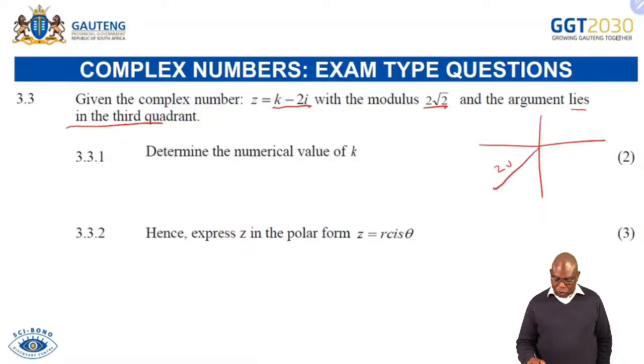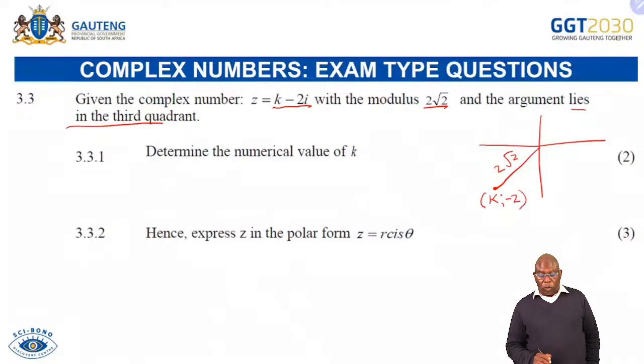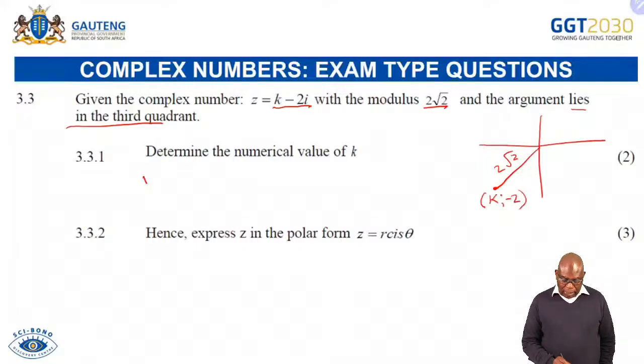I know that this is 2 root 2, and this point here, it's going to be k and minus 2. See? So it means that in this, I need the value of k. So I need to use that formula. R equals the square root of a squared plus b squared. But in this case, what should I do? I know what R is.